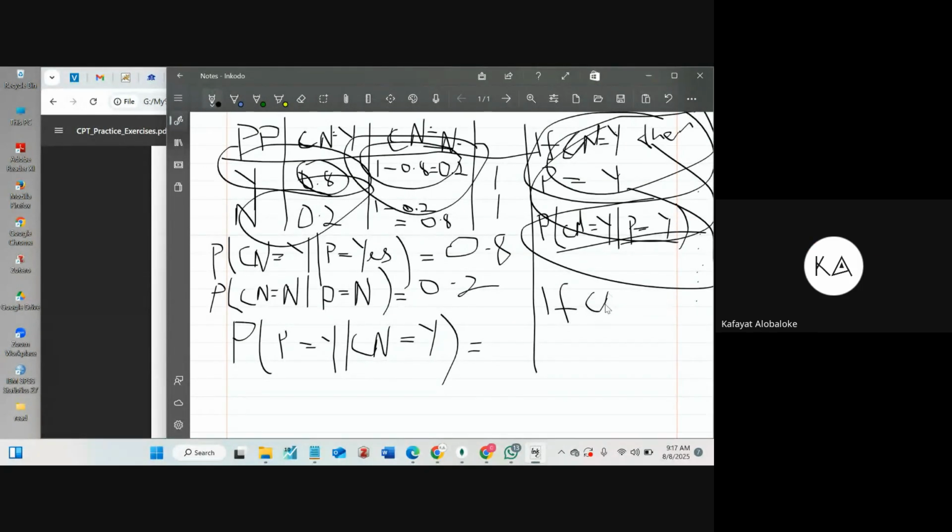Very good. That is the if-then statement. Now convert this to a conditional probability statement. That will be what?